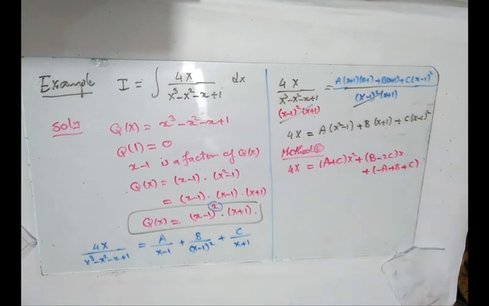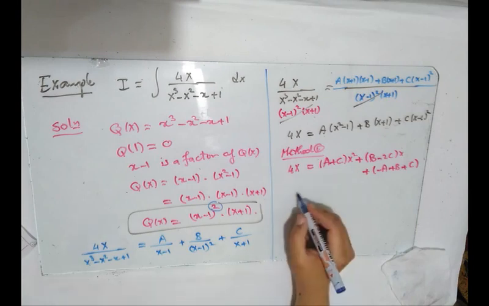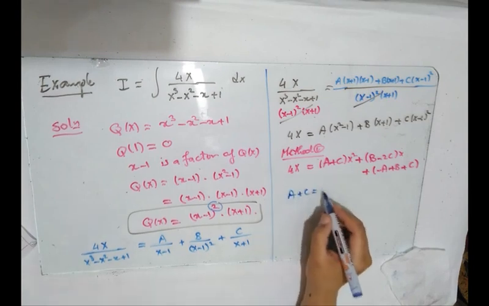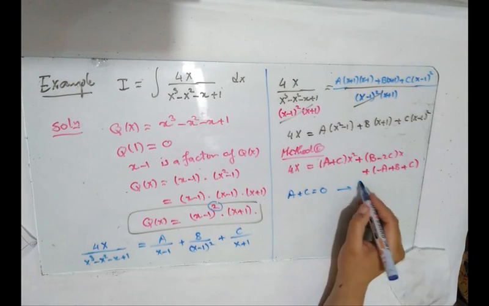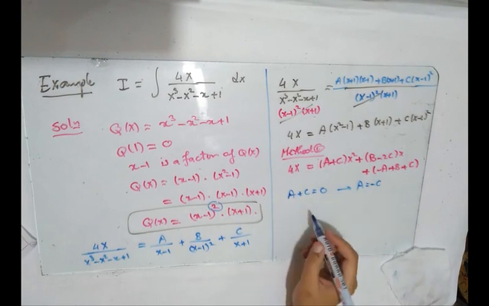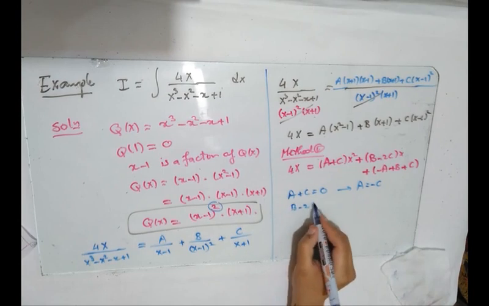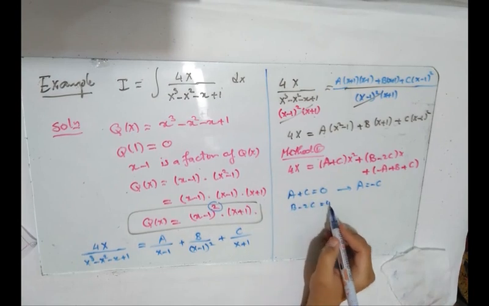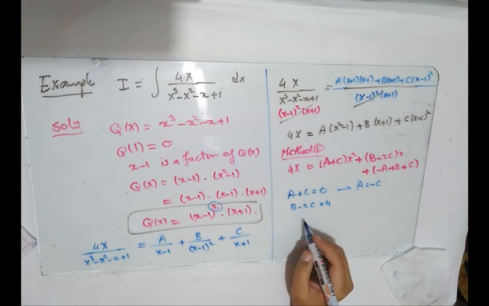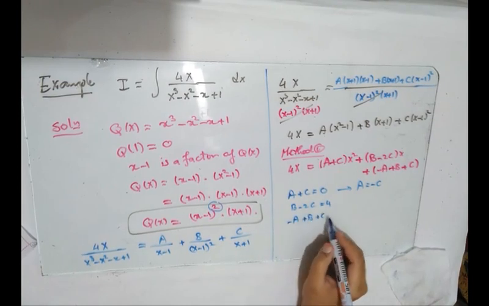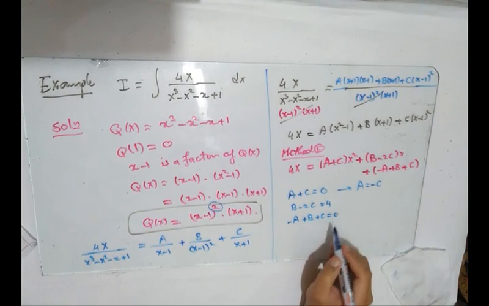Okay, so by comparing the coefficients you will get these three equations. The first one is a plus c equals 0, so a equals negative c. The second one is b minus 2c equals 4, and the third one is negative a plus b plus c equals 0.